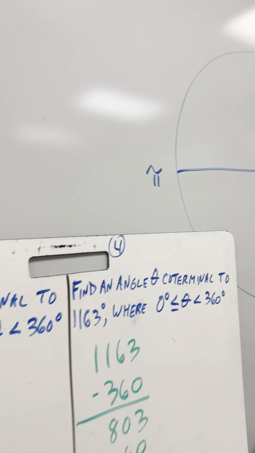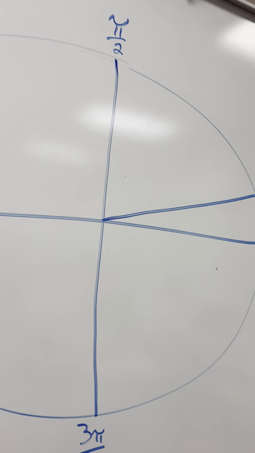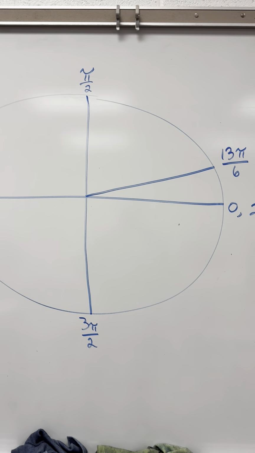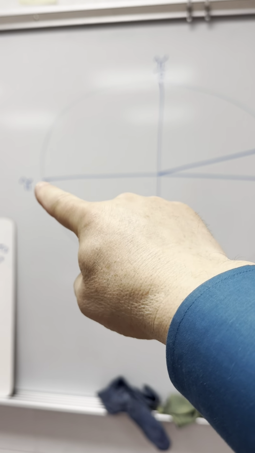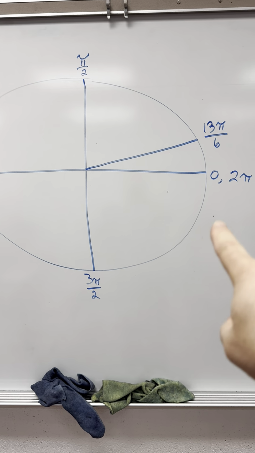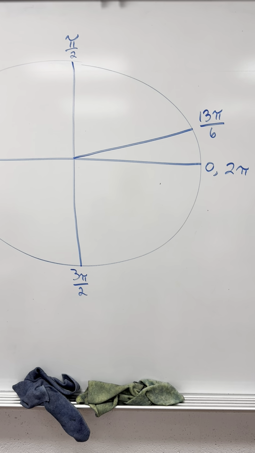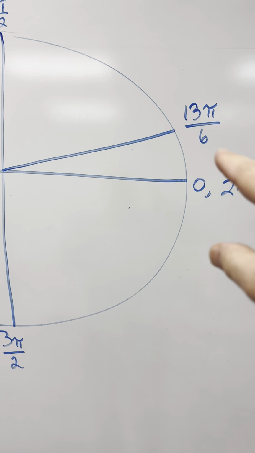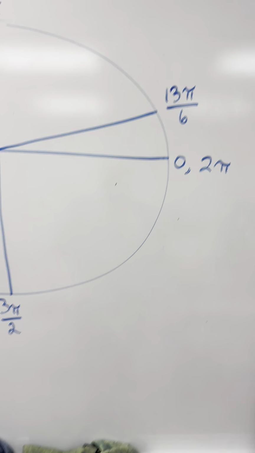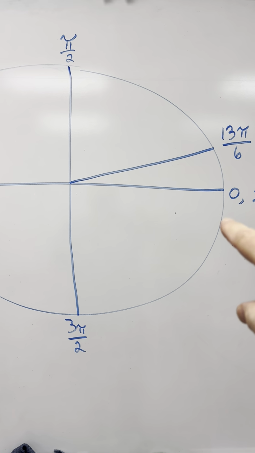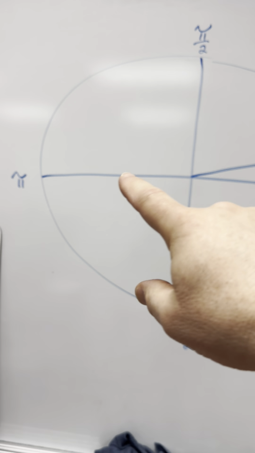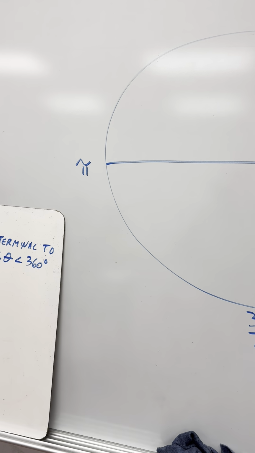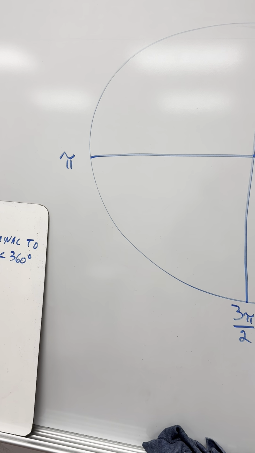So looking over here, you have radians, right? 0, pi over 2, pi, 3 pi over 2, 2 pi. So look at here, you have 13 pi over 6. Well, wouldn't this be 3 pi over 6? Wouldn't this be 6 pi over 6, right? 6 over 6 is 1.